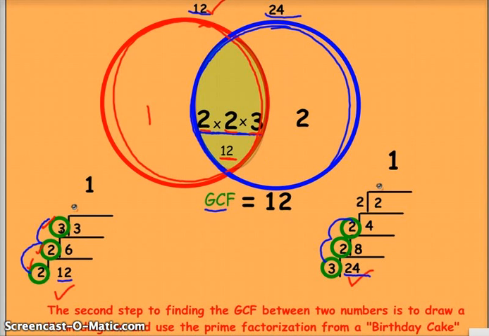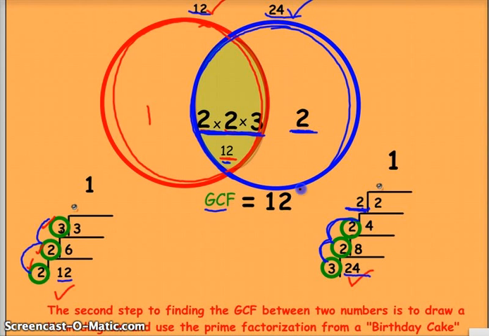Now when I look at 24, the common factors are, again, a 3, a 2, and a 2 in the center, which represent the number 12. The one factor left out that is not in common with 12 is 2. So I put that factor outside of the green common area, but still within the blue circle. If I check this, I have a 12 here times 2 is 24, check.